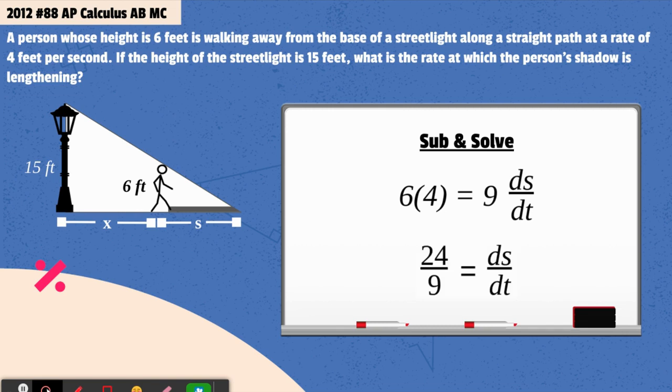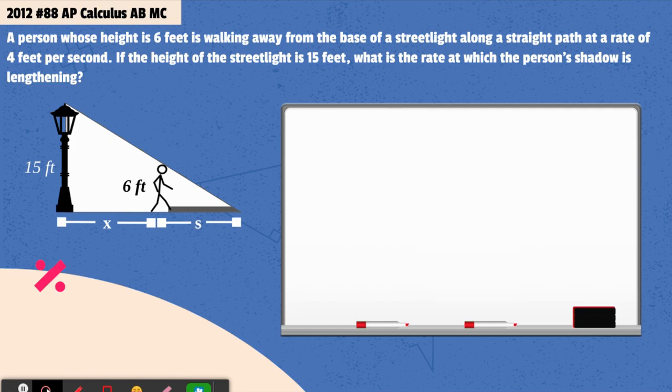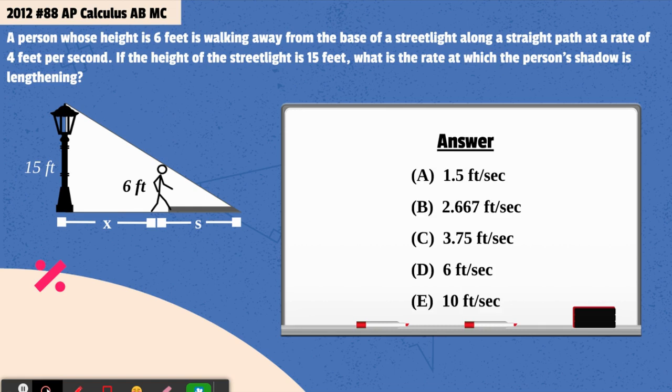That turns into 24 equals 9 ds/dt, and then you divide by 9. So you get 24 over 9 equals ds/dt, and simplified that gives us an answer of B, which is 2.667 feet per second. And again, that is the rate at which the person's shadow is lengthening.